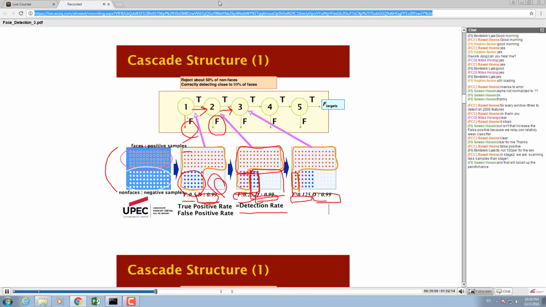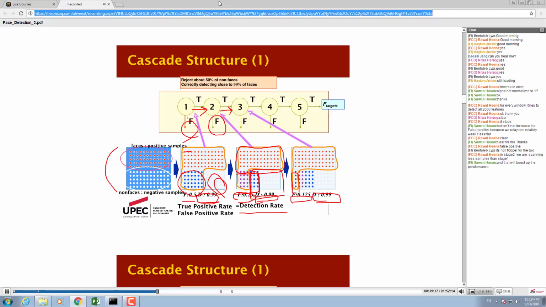Stage 1 should process all the samples. But stage 2 will process a much smaller number of samples, stage 3 fewer than 2, stage 4 fewer than 3. But every stage has to do something more to filter out more negative samples.